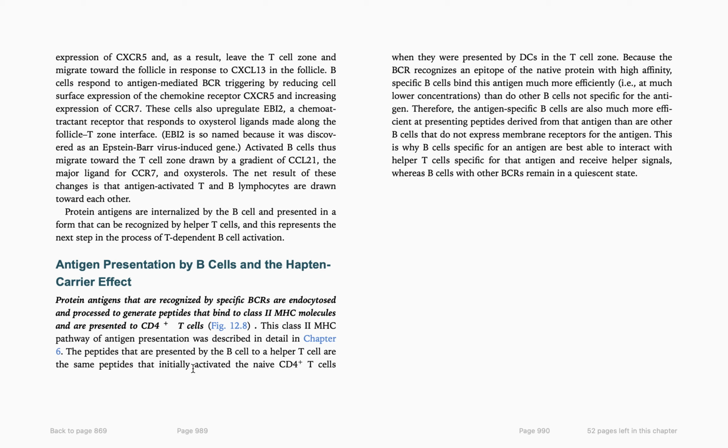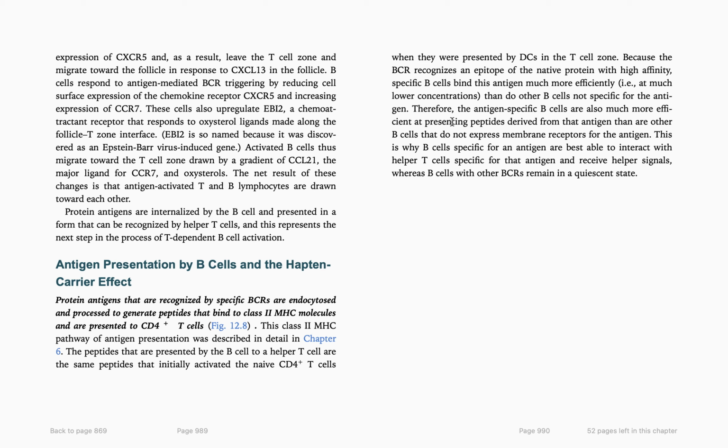Because the B cell receptor recognizes an epitope on the native protein with high affinity, specific B cells bind this antigen much more efficiently.